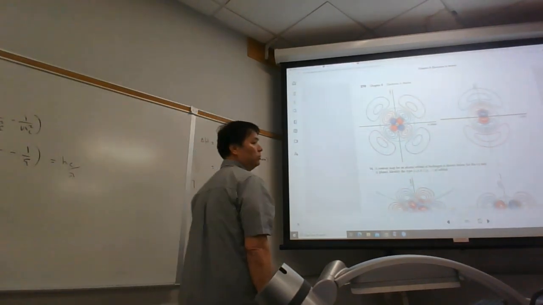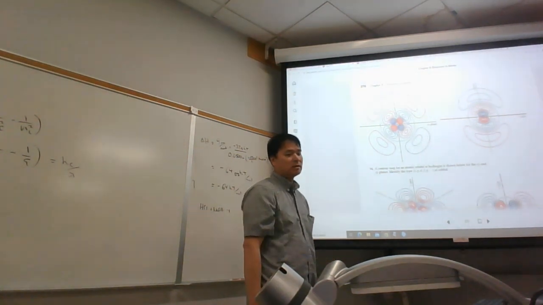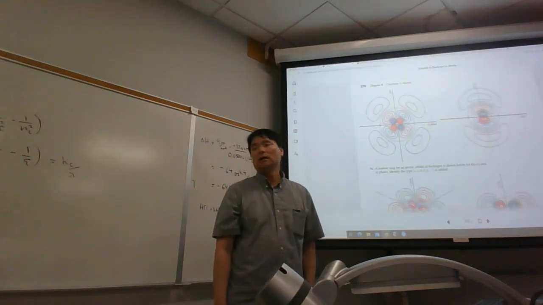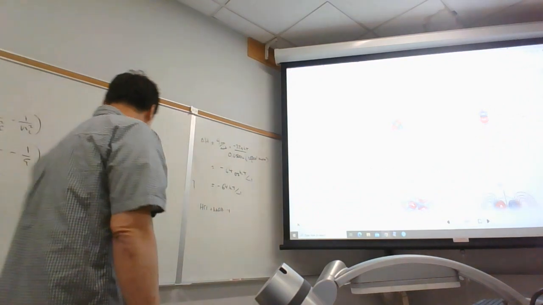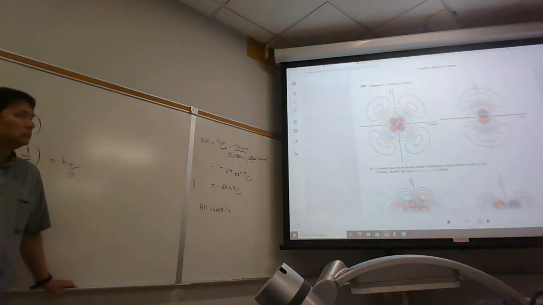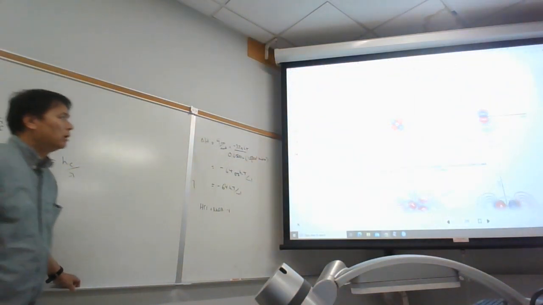Okay, number two, what n? The n that we can determine is going to be based on how many nodes we see that slice up the orbital. And so how many nodes do you count there? Well, I see these.